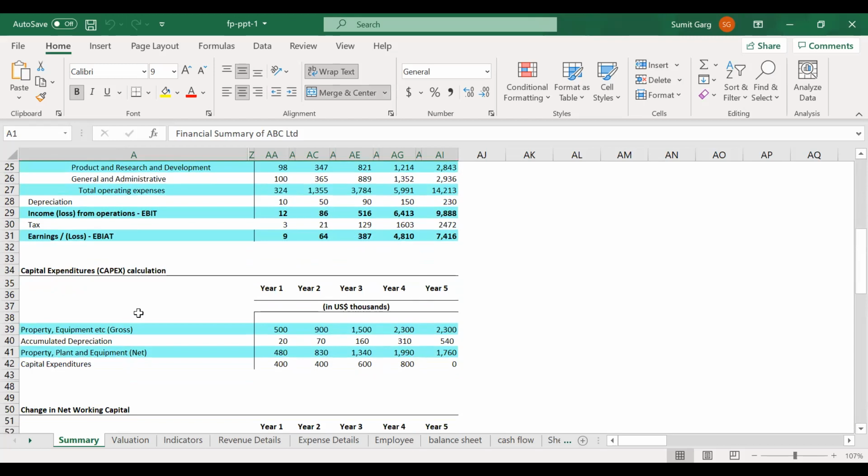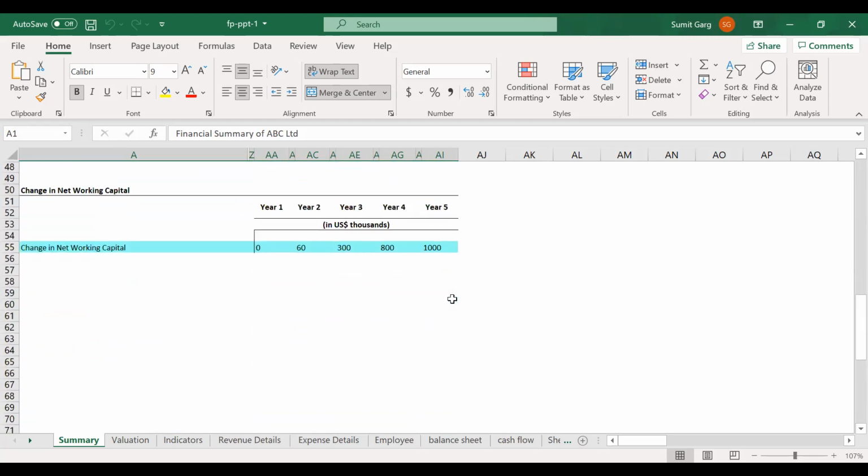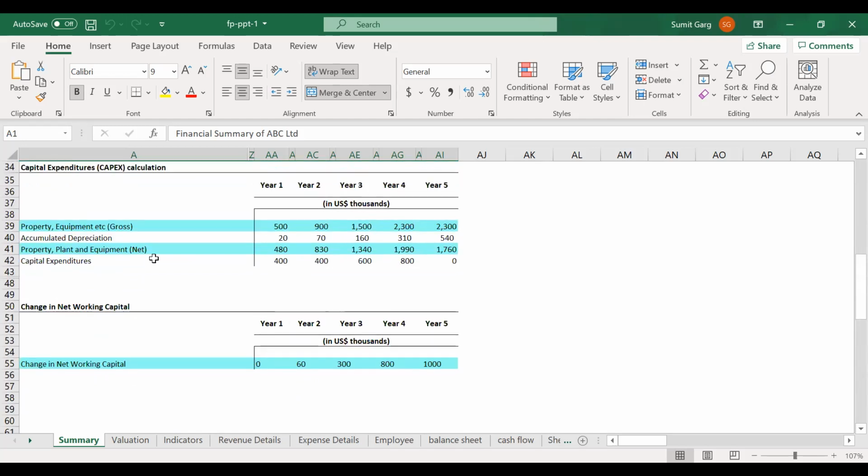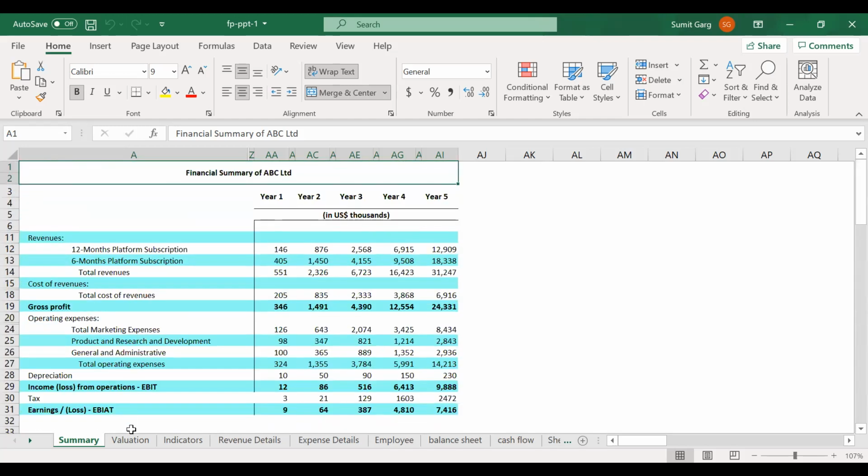I also, for this particular hypothetical startup, have done calculations related to investments made in property and equipment, the accumulated depreciation, the capital expenditure for each year forecasted up to 5 years, and also the change in the net working capital over the next 5 years.